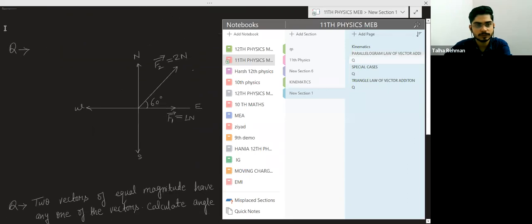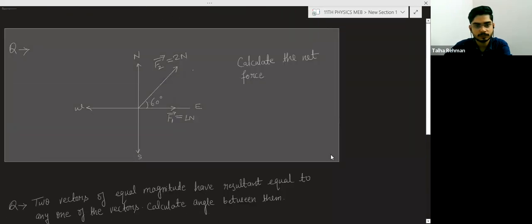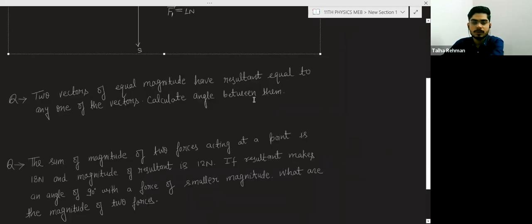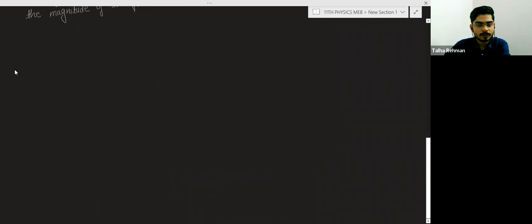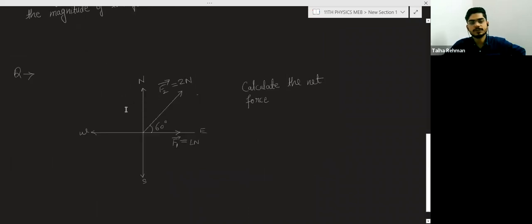So this is the question. Here in this question, one force is given along the east direction, and another force is given in this direction, north of east direction, and this is the angle 60 degree.